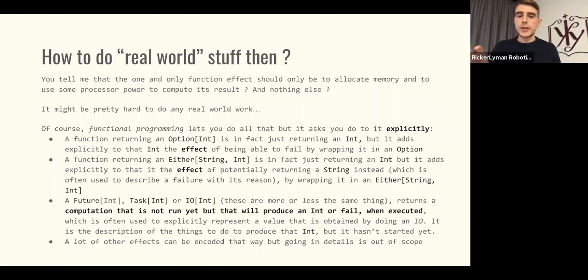We explicitly stated that this function has the effect, we can say that way, of being optional. The effect is the optionality of the value, basically. We did it with options, and the same goes with either. So this is the kind of effect of potentially returning the error value from the method.